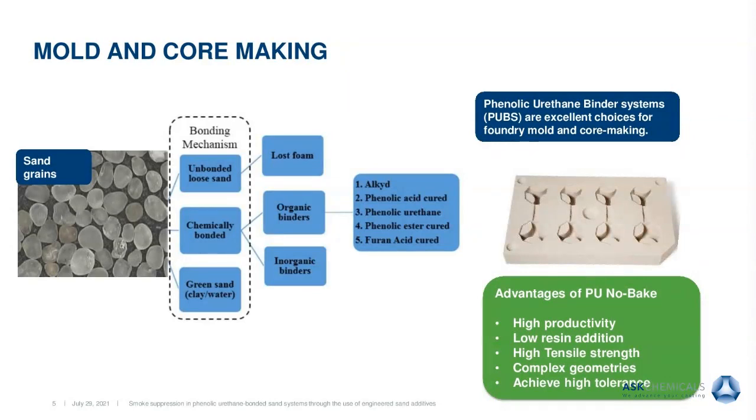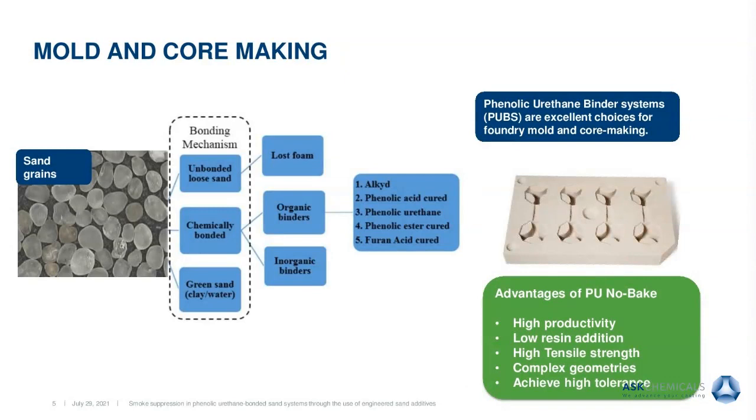For the purpose of this talk, we're going to mainly focus on the organic binders. And the organic binders also have different subfamilies, as I'm showing here. What you can see is that most of them are differentiated by the way you cure your resin system. But for the purpose of today, we are going to focus on the phenolic urethane no-bake technology.